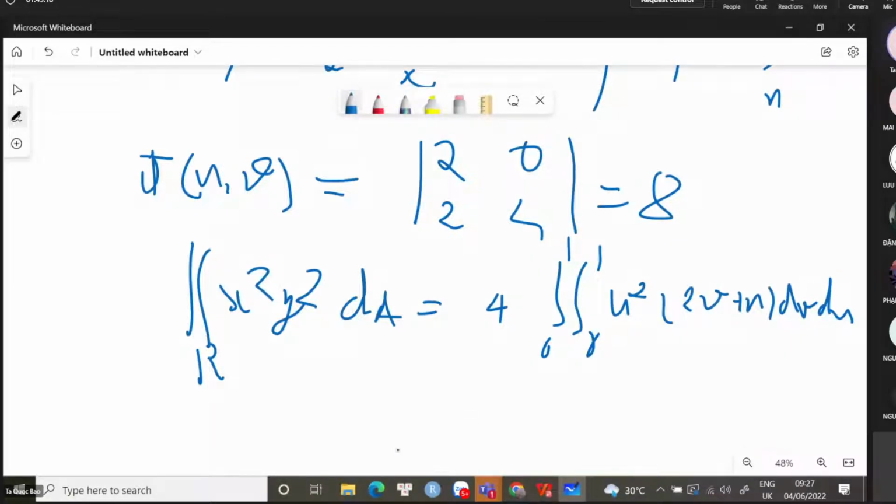Calculate this integral and you get the result 112 over 3.